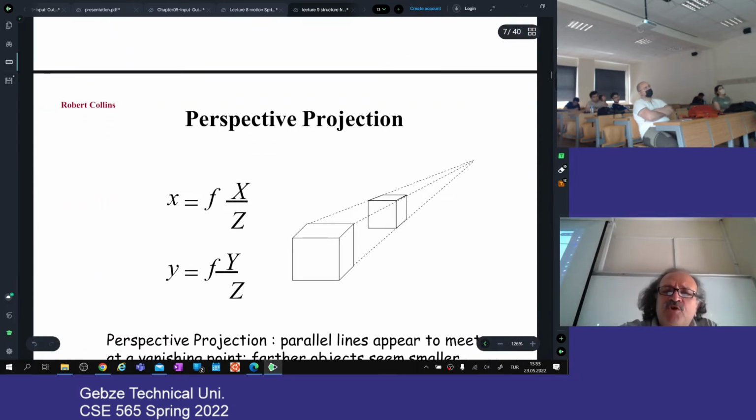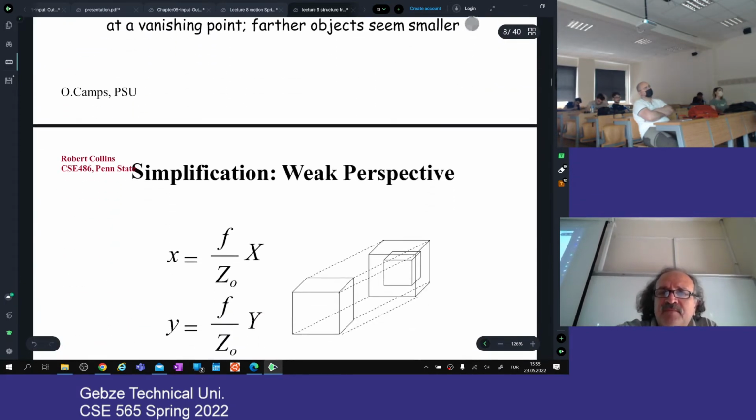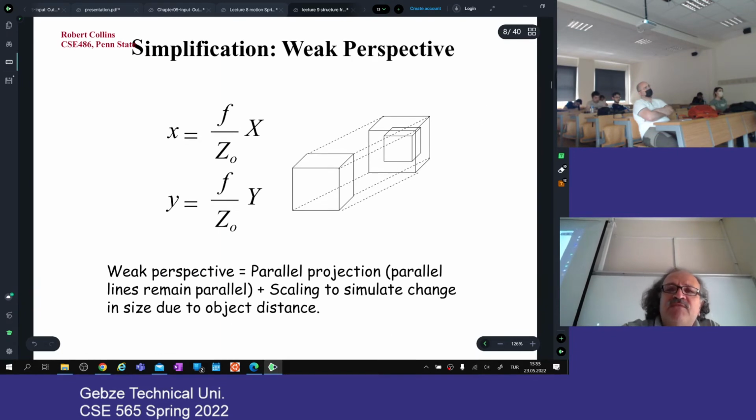So instead of perspective projection, I can do this, weak perspective. Do you guys remember what weak perspective is? You assume that all of your objects are z0 away from you. So they have their own x, y, z values, but they are a constant distance away from the camera.